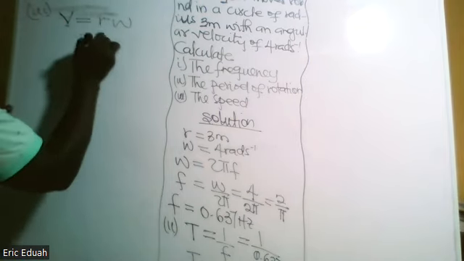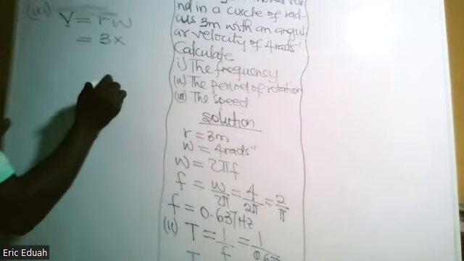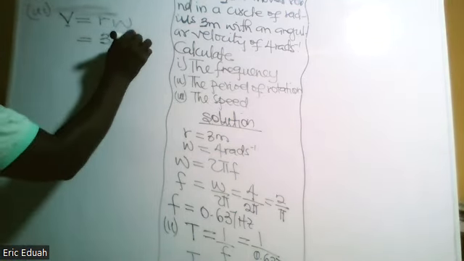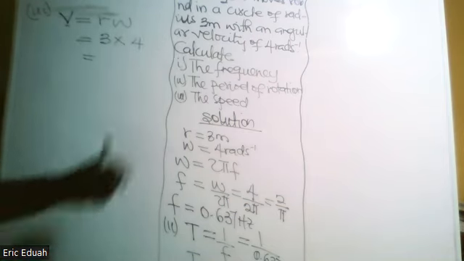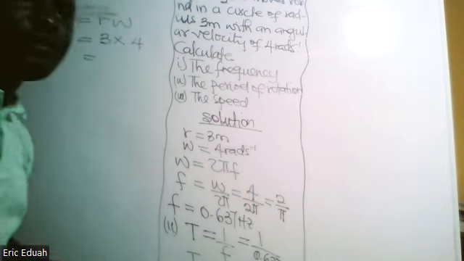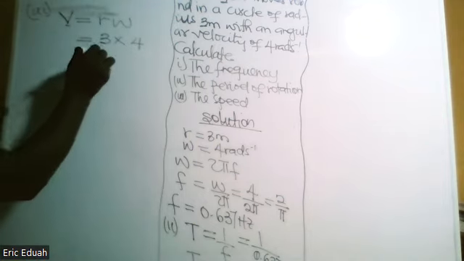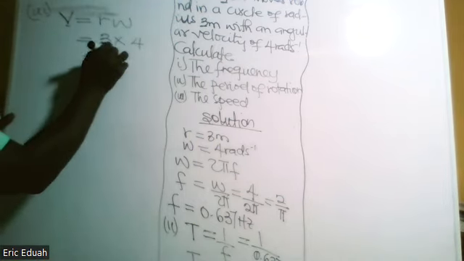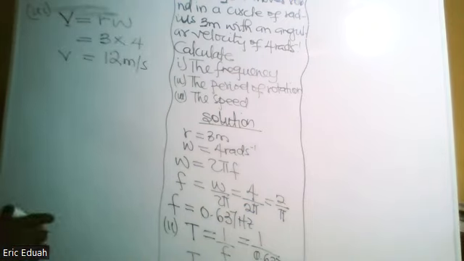So radius is 3, angular velocity is 4. When these quantities, radius and angular velocity, are not given in SI units, you have to convert them to SI units before you can express the speed in meters per second. So 12 meters per second is the speed.